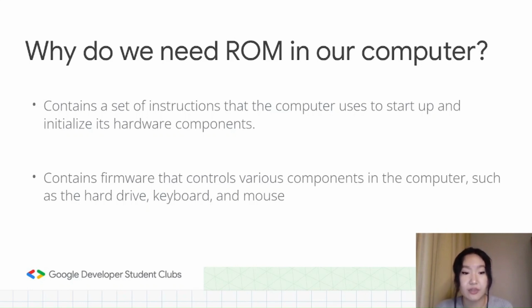Other than that, it contains firmware that controls various components in the computer, such as the hard drive, keyboard, and mouse. So in a way, you can say it is an intermediary to connect the hardware to software.